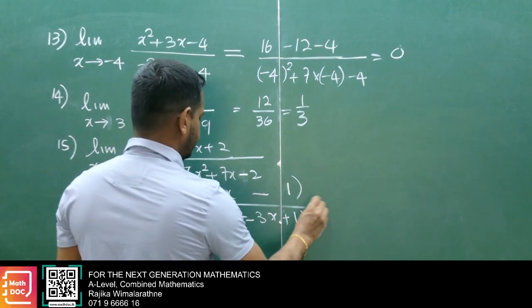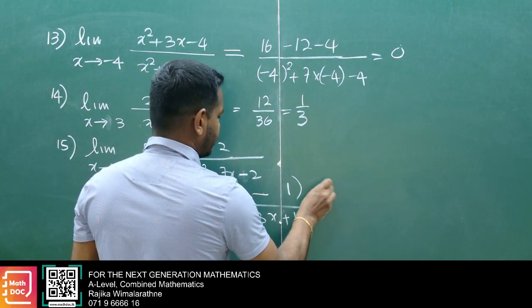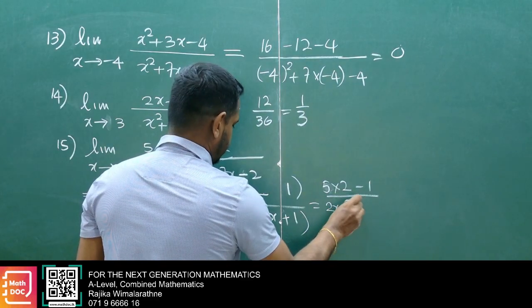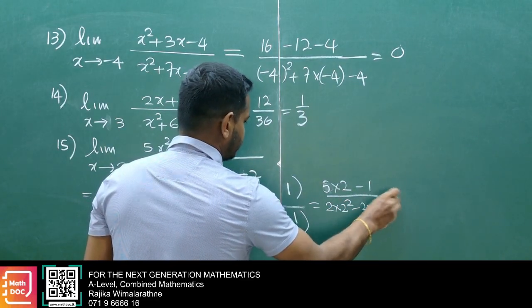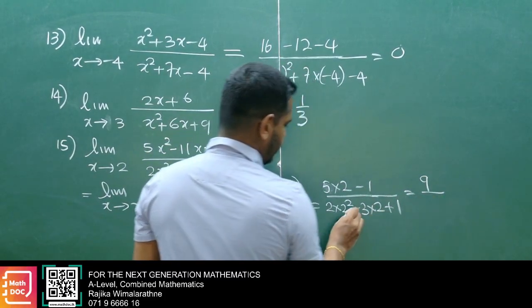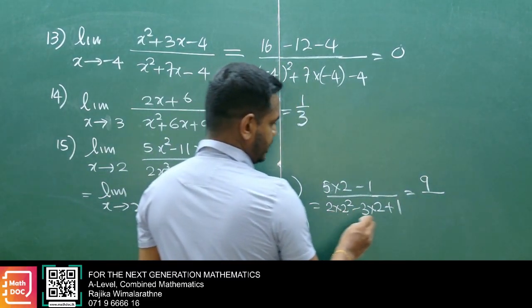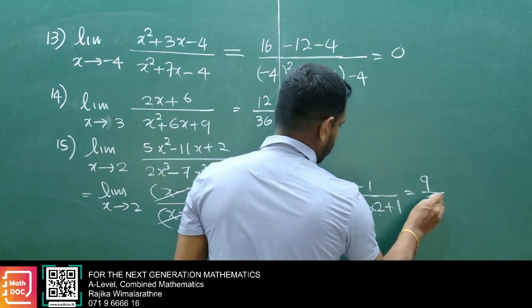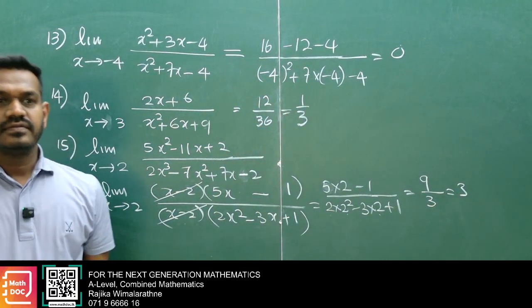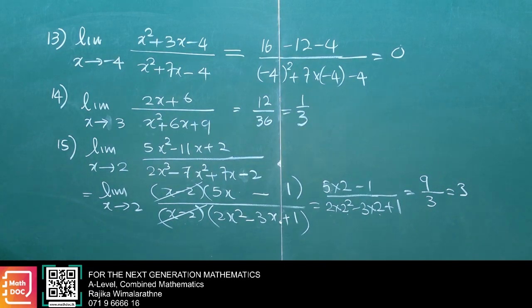Then substitute 2. 5 times 2 minus 1, 2 square minus 3 times 2 plus 1, 10, 9, 4, 8, 2, 3. Complete.